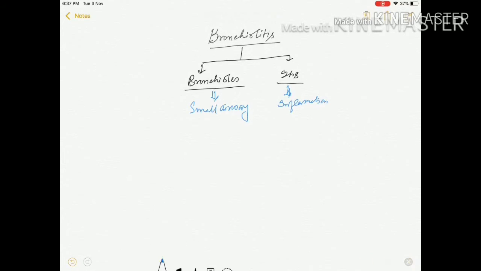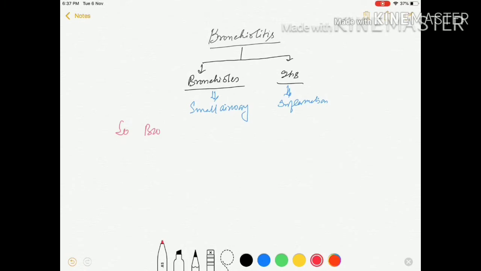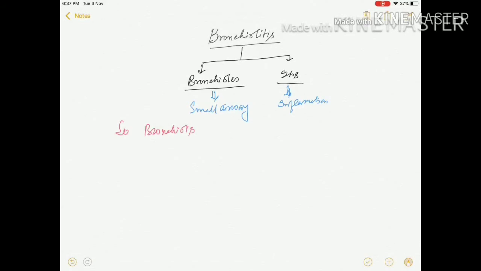So bronchiolitis means inflammation of the small airway.